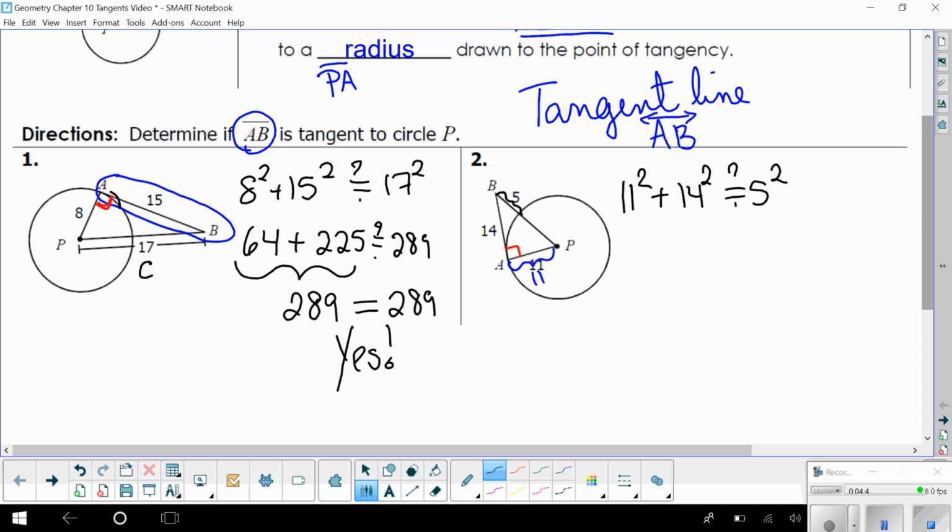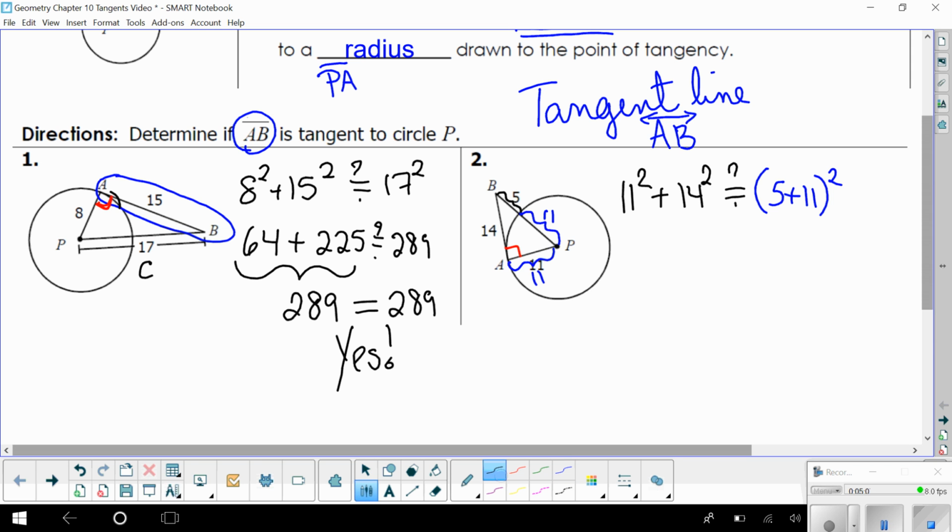That's only 5. We need to make that 11 right there too. So our C over here is actually 5 plus 11 squared.